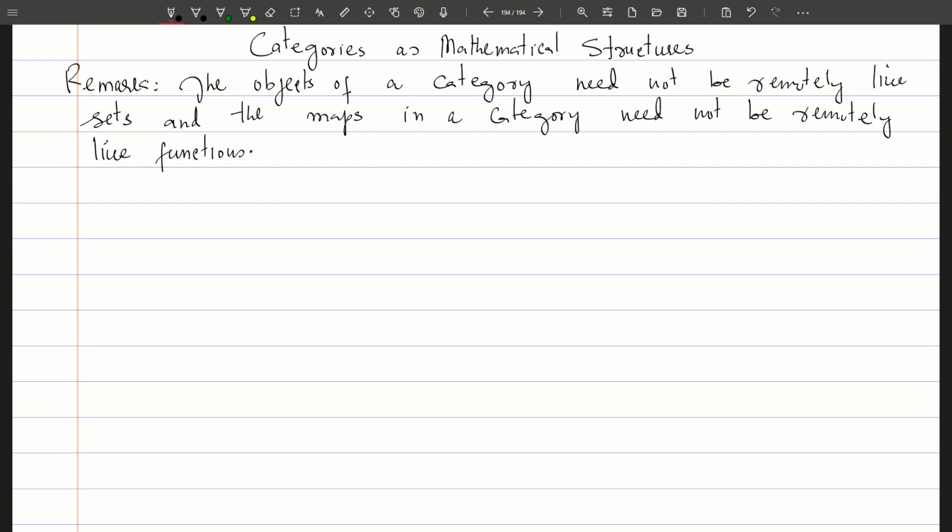We know a category can be specified by saying directly what its objects, maps, composition, and identities are. So we have the first example.